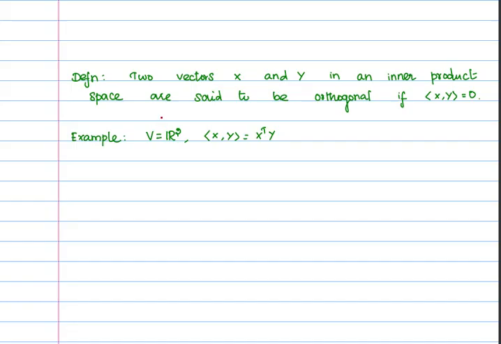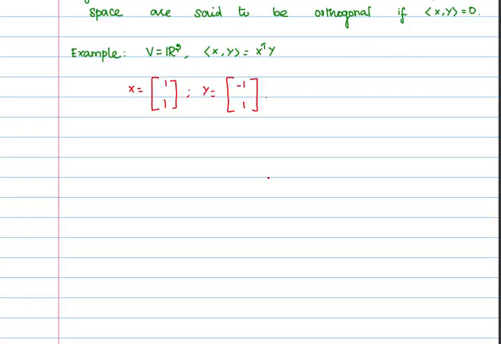So x equals 1, 1 and y equals minus 1, 1. These two vectors I take, and I say they are orthogonal under this inner product.